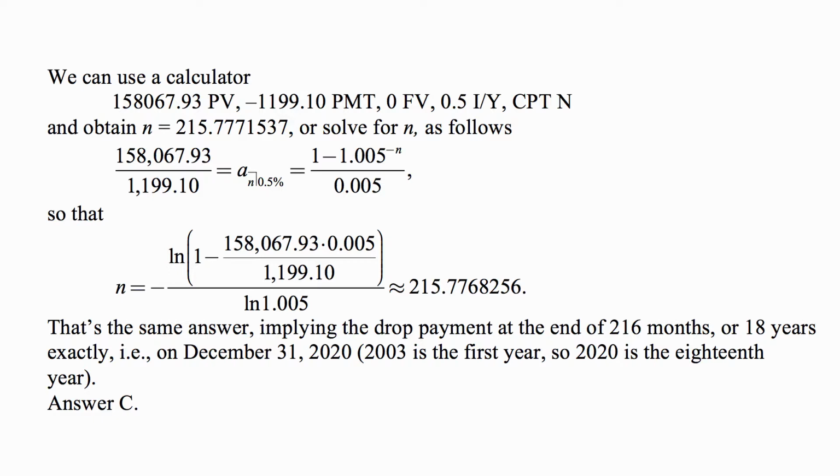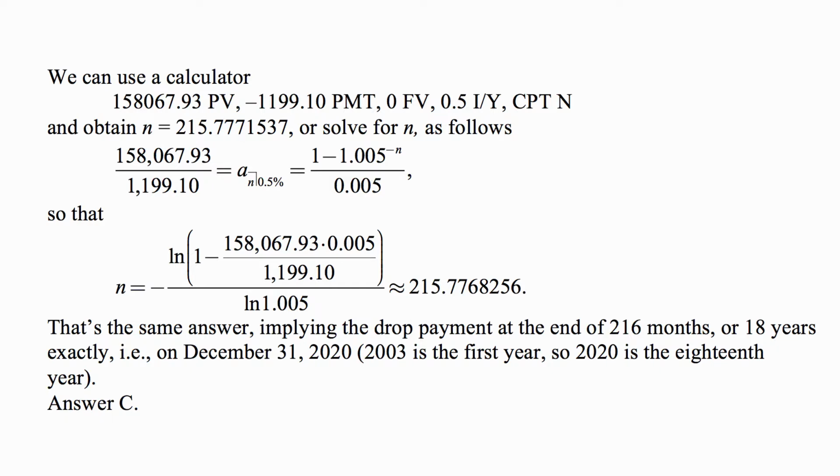And that's equal to 1 minus 1.005 to the minus N over 0.005, so that we can solve this for N. The unknown is in the exponent, so you're going to end up taking the natural logarithm of both sides once you solve this equation for 1.005 to the minus N, whatever is on the other side, which will be 0.005 times the fraction that you see on the other side. And then you would end up with 1 minus that whole expression equal to 1.005 to the negative N.